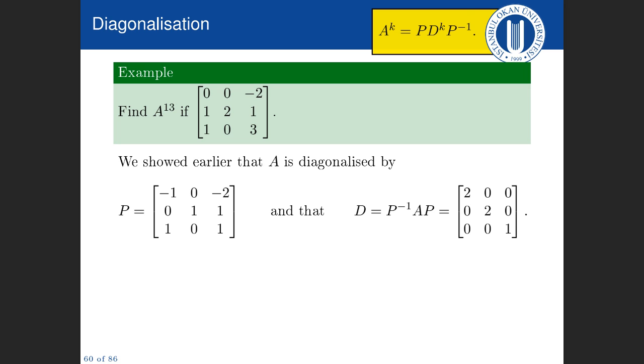For example, find A to the power 13 if A is this matrix. We've looked at this one earlier. We've seen that A is diagonalizable. We see it's diagonalized by this matrix P, and we've seen that P inverse AP is the diagonal matrix 2, 0, 0, 0, 2, 0, 0, 0, 1.